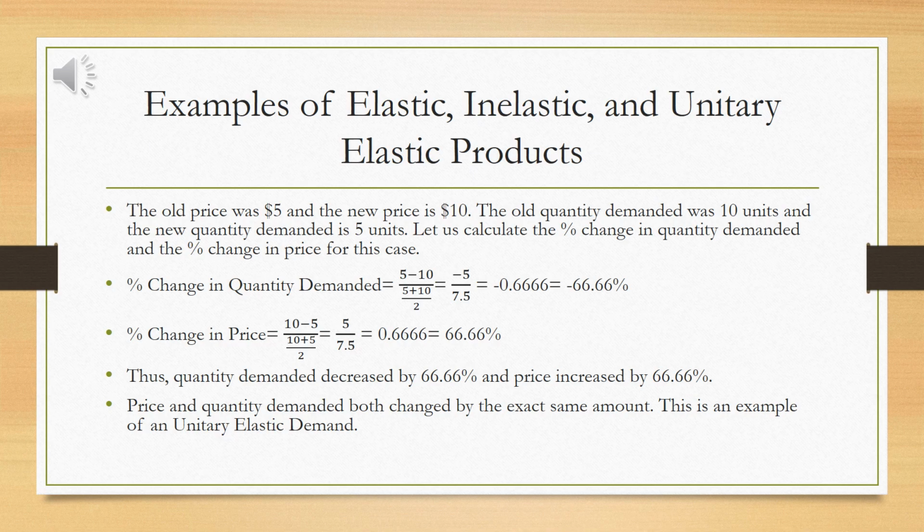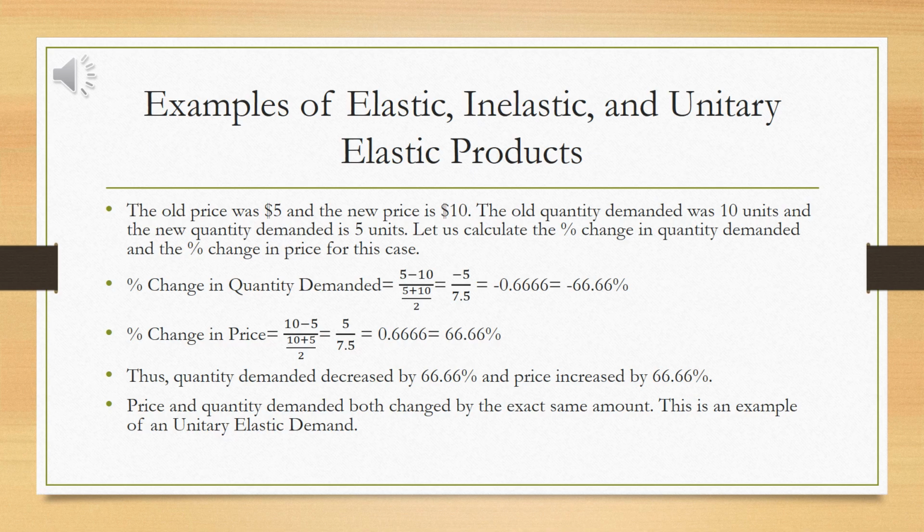The old quantity demanded was 10 units and the new quantity demanded is 5 units. Let us calculate the percent change in quantity demanded and the percent change in price in this case. The percentage change in quantity demanded equals Q2 minus Q1 over half of Q2 plus Q1.